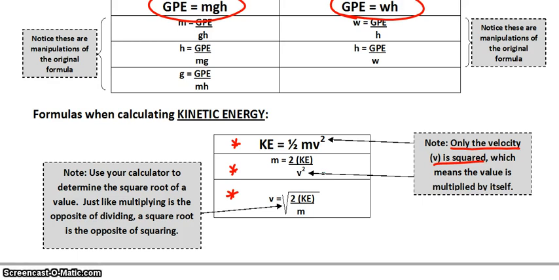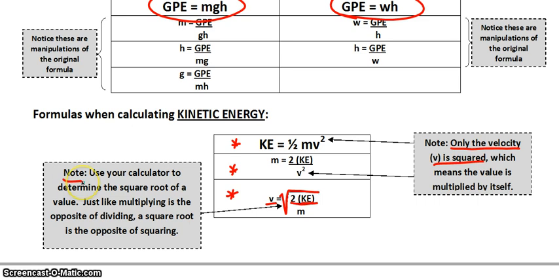What does that mean? First of all, we're solving for velocity, which we know is speed in a given direction. The first thing we're going to do is take 2 times the kinetic energy that they give us in the problem. We're then going to divide all of that by the mass. Our final step is to take the square root of it. So we want to take the square root of our entire answer.